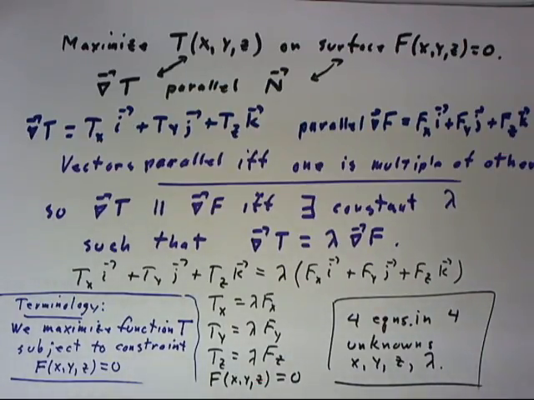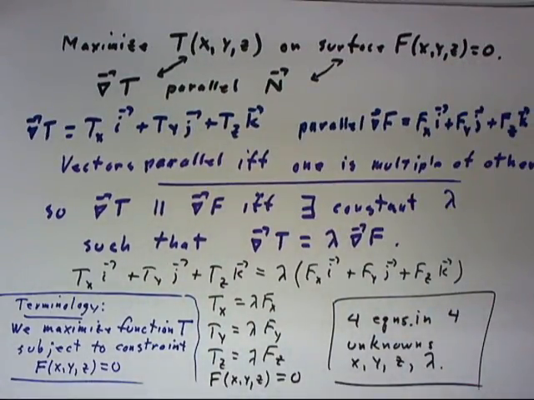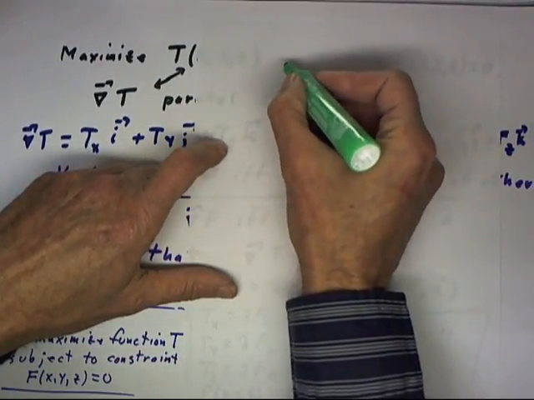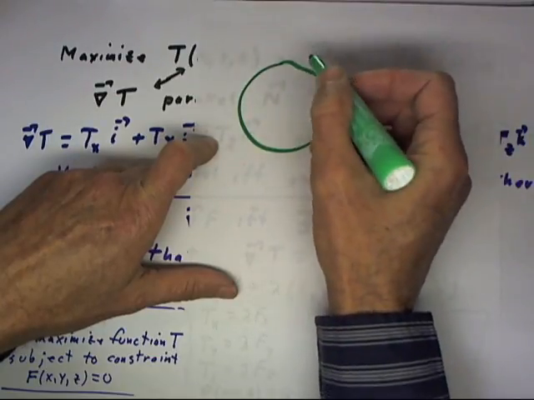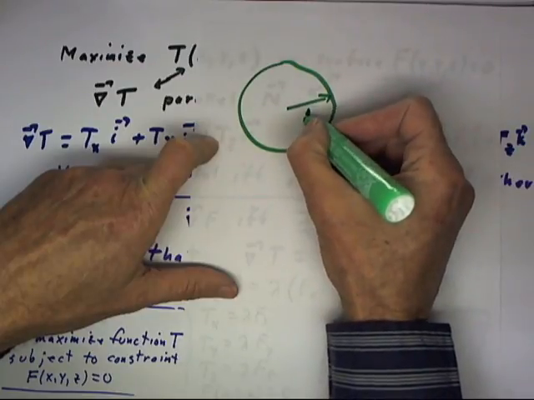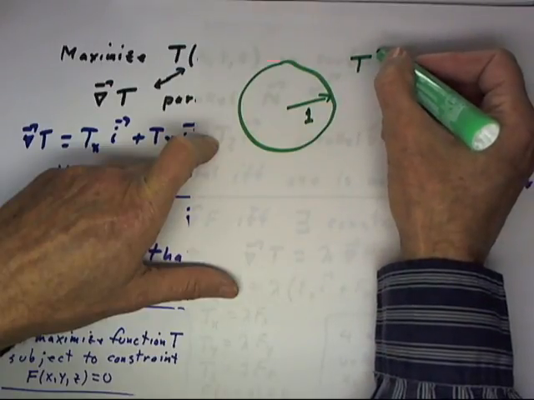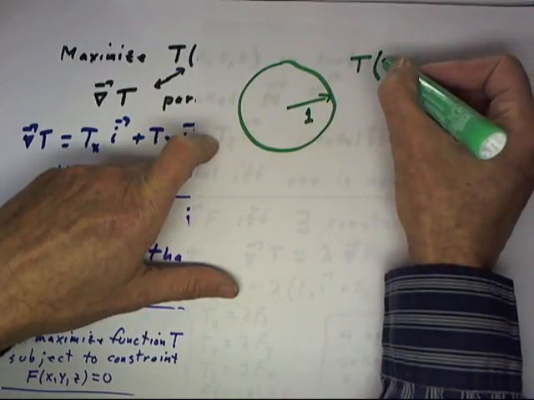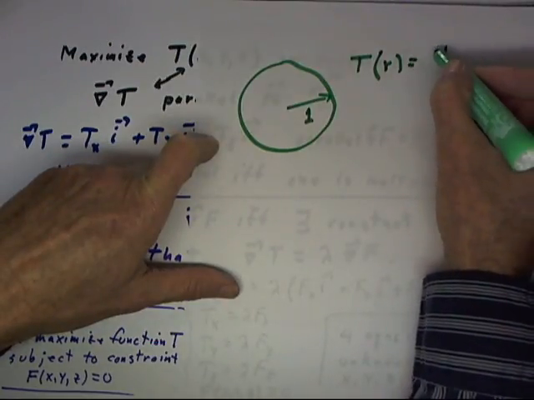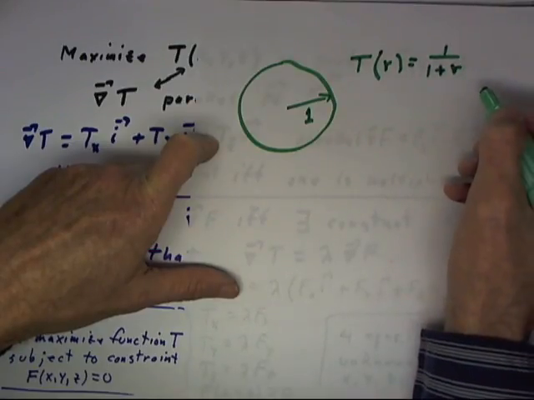Now let's consider an example where we actually apply this to a function and a constraint. Let's consider a sphere, and let's let that sphere just have radius 1. And let's suppose there's a temperature function within this sphere. It's a function of r, your distance from the center, equal to 1 over 1 plus r.